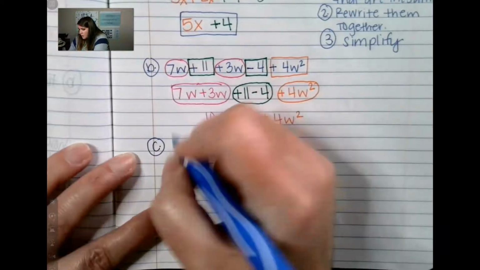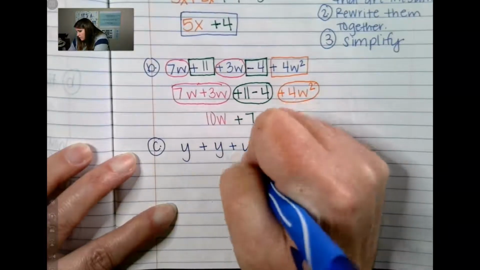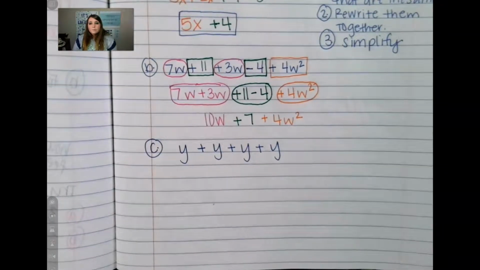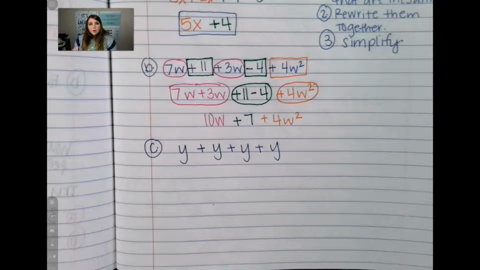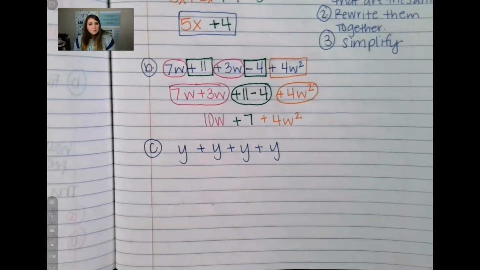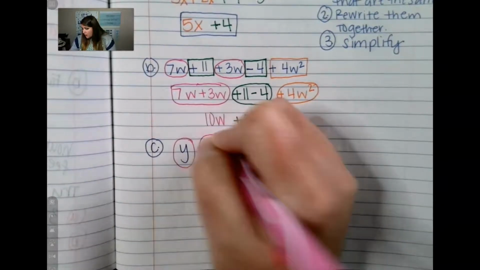Example C. This example says y plus y plus y plus y. We're going to combine the things that are the same. Now, if we were multiplying, we would have exponents. But because we're not multiplying here, we are adding. We're going to put all of the y's together.